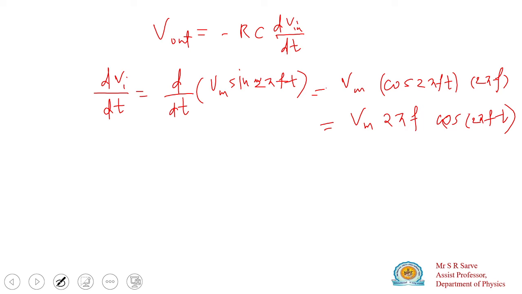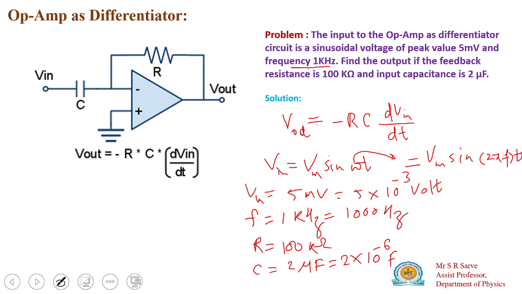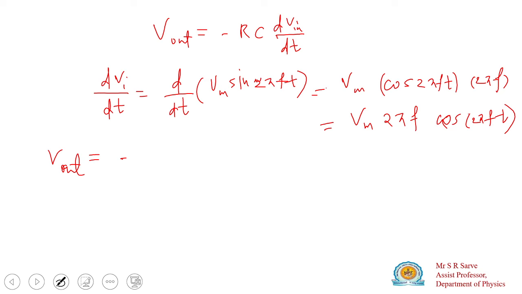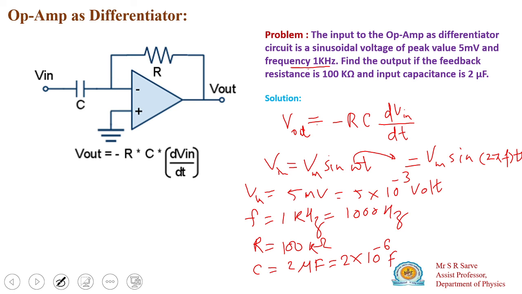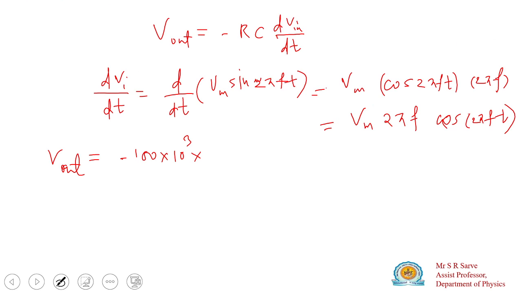So substitute the values. V output is equal to, what is the value of resistance? The value of resistance is 100 kilo ohm, so that is 100 into 10 to the power 3. What is the value of capacitance? Capacitance is 2 microfarad, so that is 2 into 10 to the power minus 6. There is a minus sign. Into, what is the maximum peak voltage?